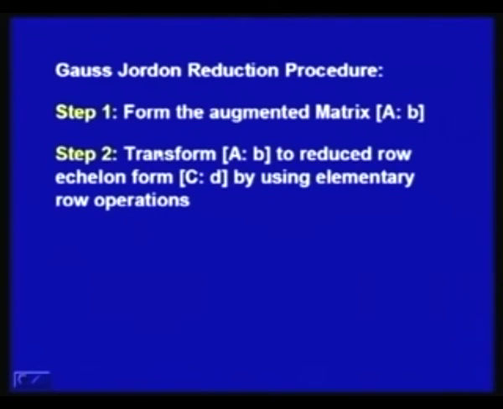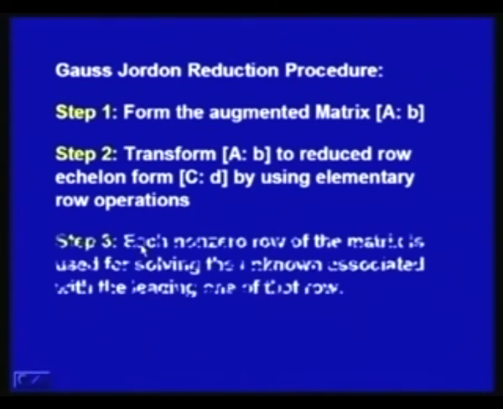That method transforms the equation into row echelon form, but not reduced row echelon form. So, the idea is that this matrix C D is unique in this case. In the previous case it may vary depending upon the type of operations you apply. Then once we obtain the reduced row echelon form, this can be used for solving the system of equations.